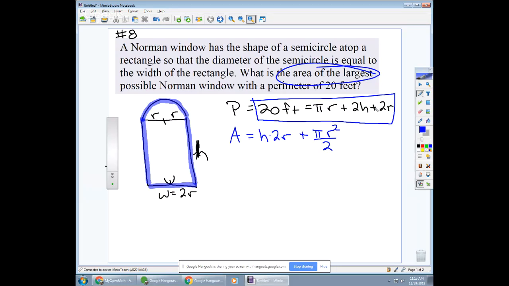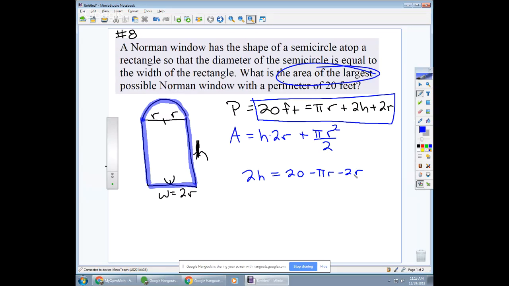So right here, I think the easiest thing to do would be to solve for H. So then I'm going to take the 2H on one side, and on the other side, I'm going to have 20 minus pi r minus 2r. I think we got a sign error somewhere. So the 2H stays where it is. I subtract over the pi r, and I subtract over the 2r. I think I'm okay.